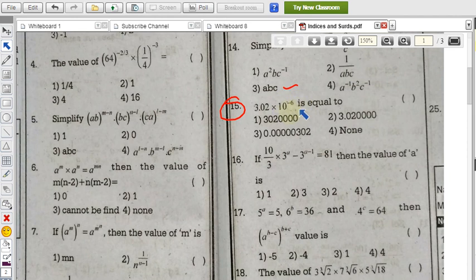From this point, shift 6 places towards the left. Counting after the point: 1 2 3 4 5 6, so up to 3 will be coming. So that is the answer.